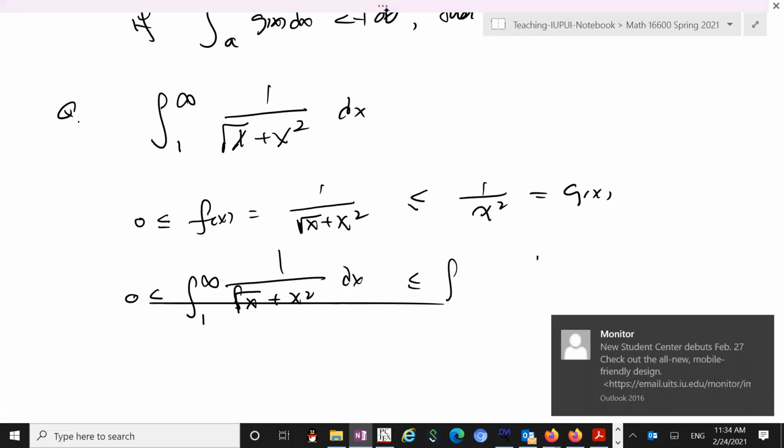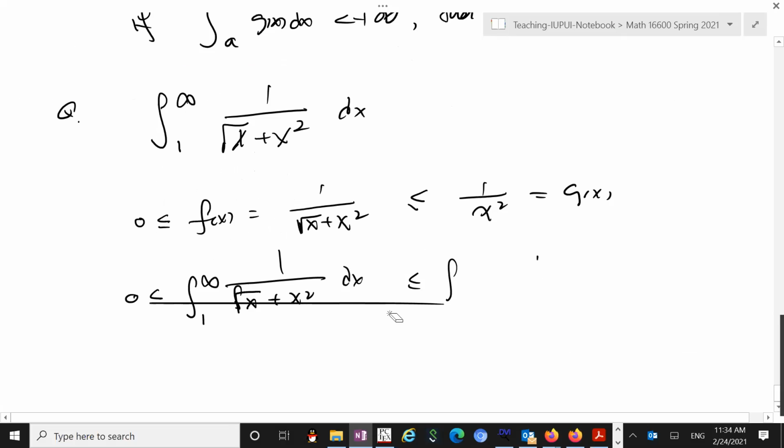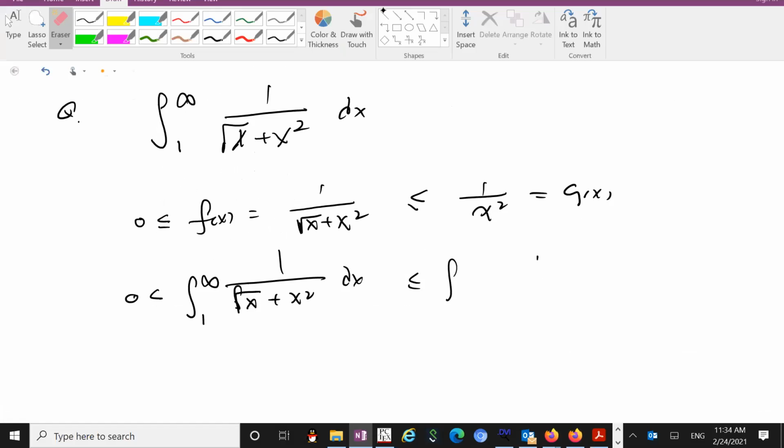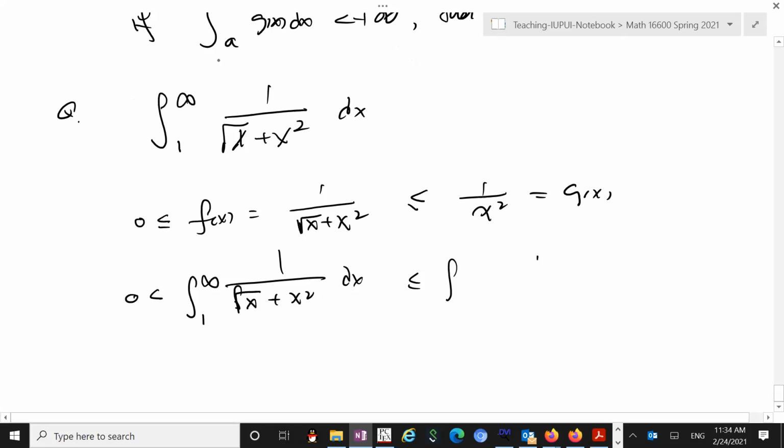So you know that this is going to be this, right? But you don't need to remember the exact value of this. This actually is finite according to our first example we discussed.